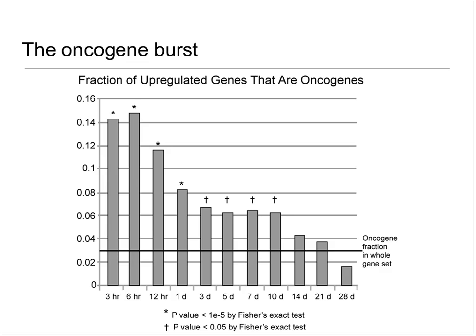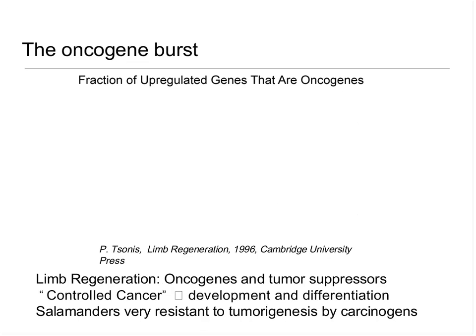So there seems to be a large burst of these oncogenes at the early time points of regeneration, and then it slowly tails off over the course of about a month until it's back to its baseline level.